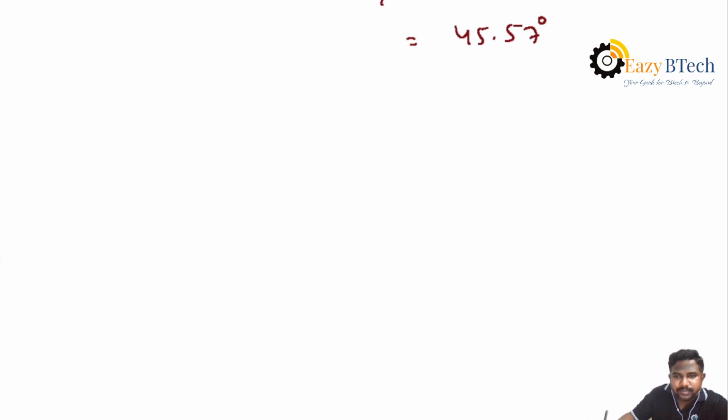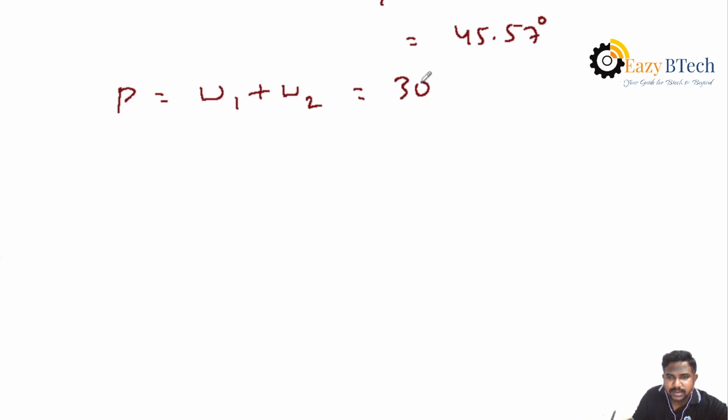Then the total power P is nothing but the addition of the 2 wattmeter readings. Consider W1 the reading of the first wattmeter and W2 the reading of the second wattmeter. Then W1 plus W2 is the total power given in the problem, that is 30 kilowatts.